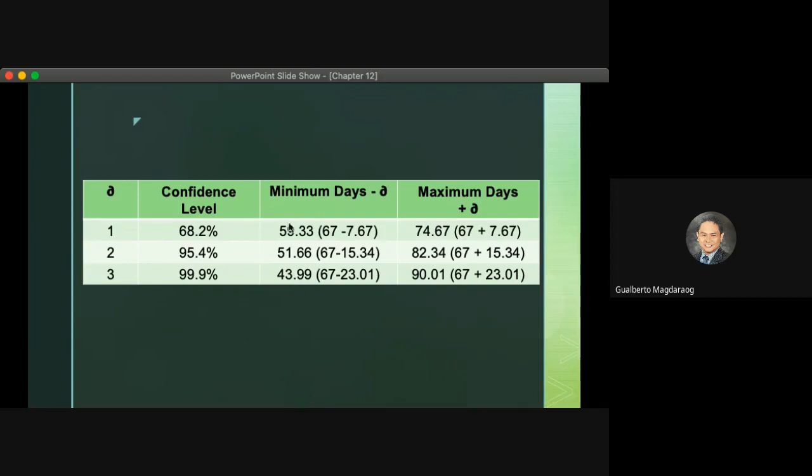But again, we cannot conclude that we have 99.9% assurance that we will finish the project in 43.99 days. It means our confidence level of 99.9% is within the range of 43.99 to 90.01.